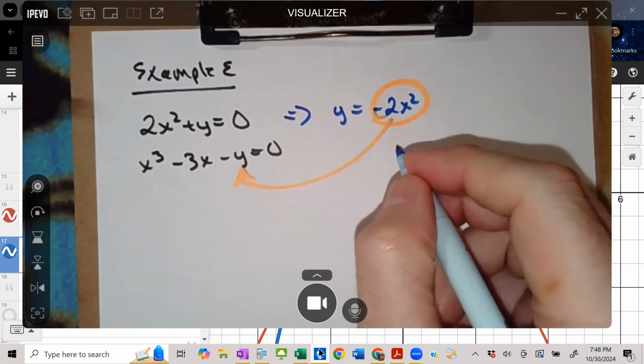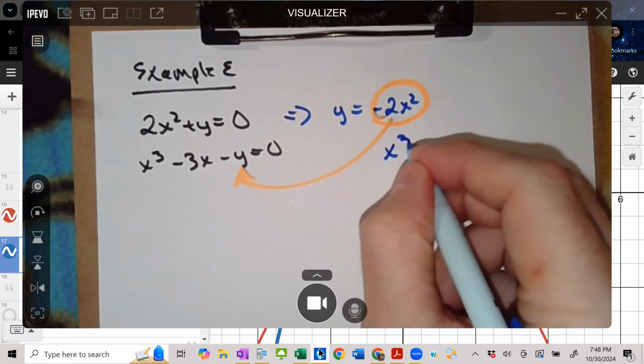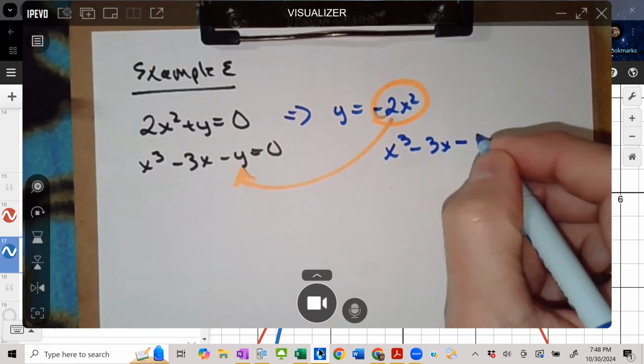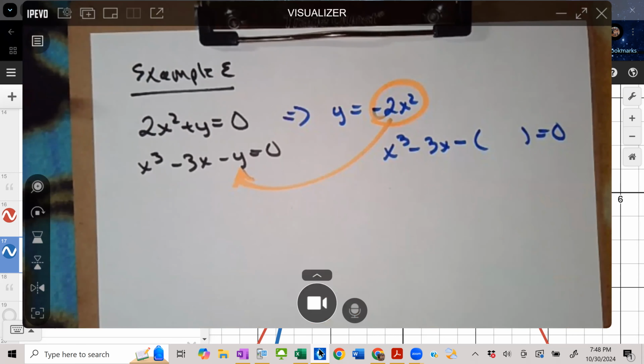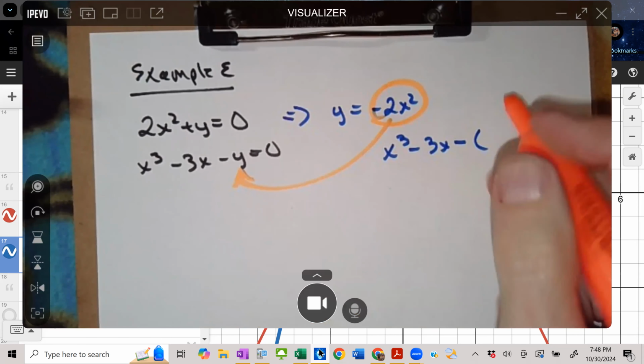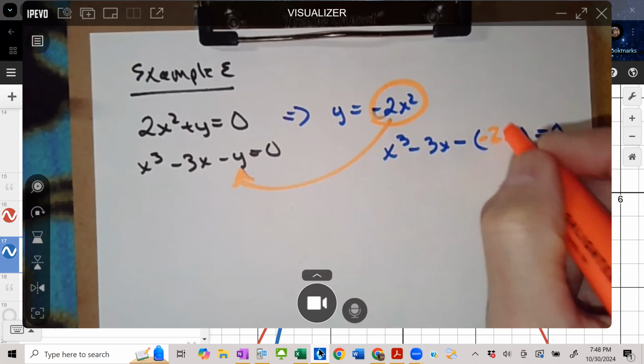So what's that going to look like? Well, that's going to look like x cubed minus 3x minus negative 2x squared. And do be careful that you have that double negative in there. Let me put it in this way, minus minus 2x squared.